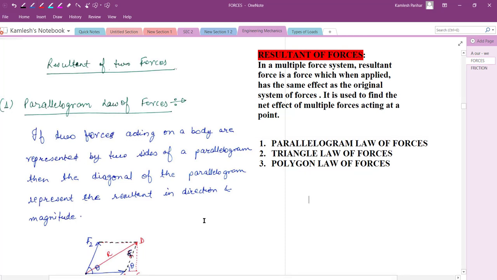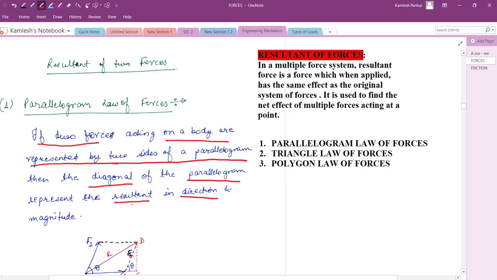So what does this parallelogram law of forces say? It says if two forces are acting on a body and if these forces are represented by two sides of a parallelogram, then the diagonal of the parallelogram will represent the resultant in direction and magnitude.